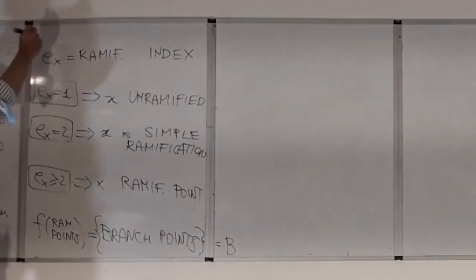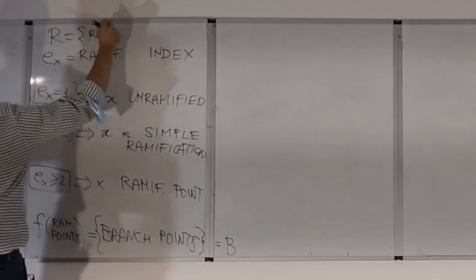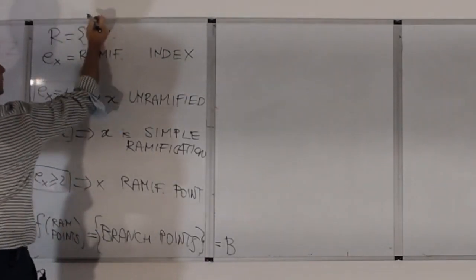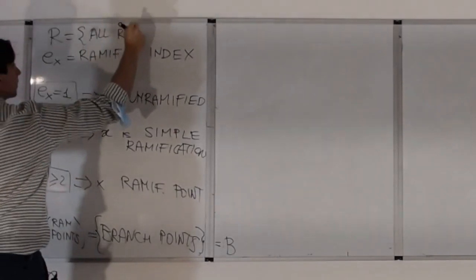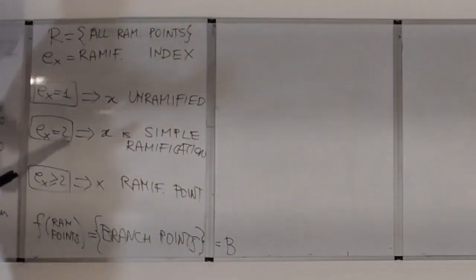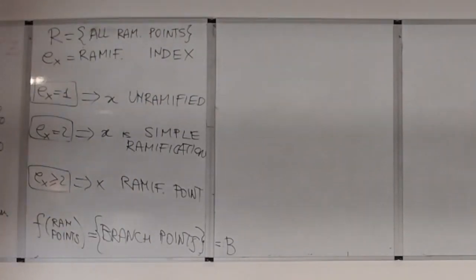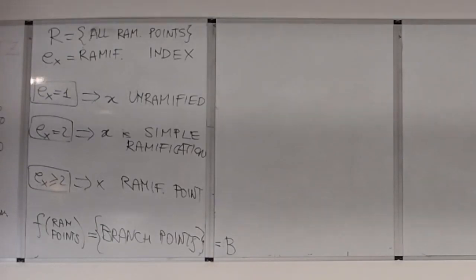And I want to call R the set of all ramification points. I think you probably all heard this at some point, but maybe it's not exactly what you do.